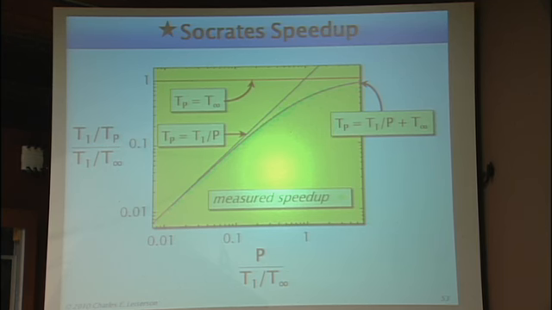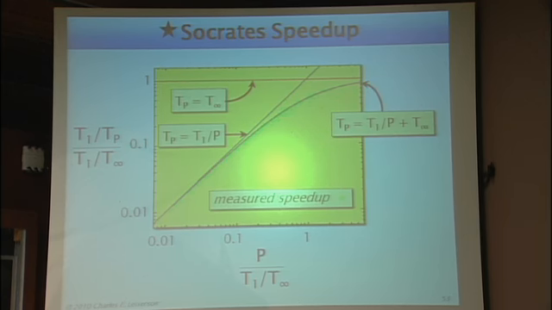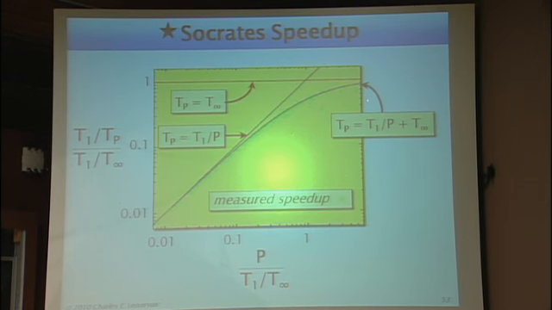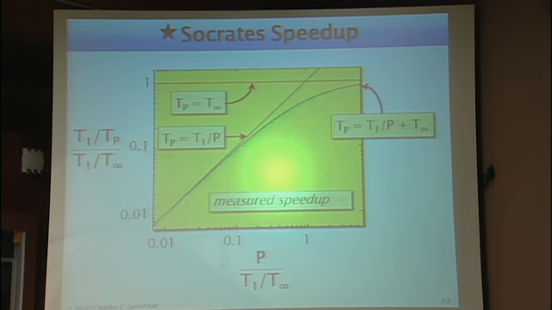And in fact, this curve is not an interpolation, but rather just the greedy scheduling curve. You can see it does a pretty good job of going through all the points here. Greedy scheduling does a pretty good job of predicting the performance.